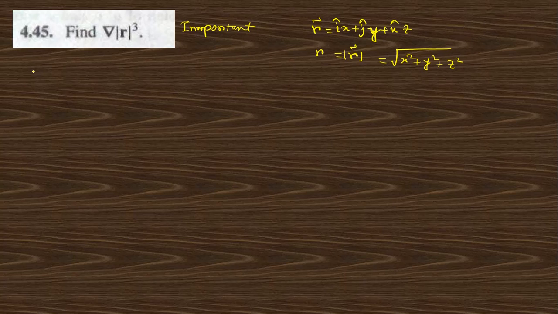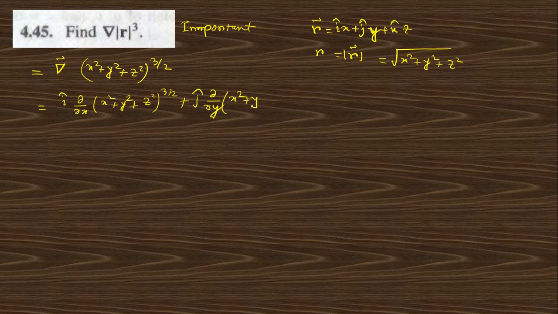So the gradient of this means the gradient of x square plus y square plus z square whole to the power 3 by 2. This becomes i cap del del x of this, that is x square plus y square plus z square whole to the power 3 by 2, plus j cap del del y of x square plus y square plus z square whole to the power 3 by 2, plus k cap del del z of x square plus y square plus z square whole to the power 3 by 2.